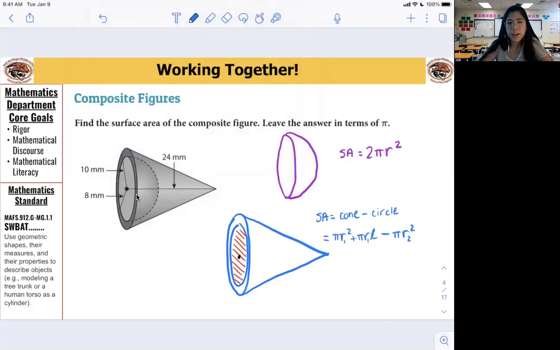Now, looking at our diagram, I can label a few things, but what do I know and what do I not know that I'm going to need? We know the radius, diameter.